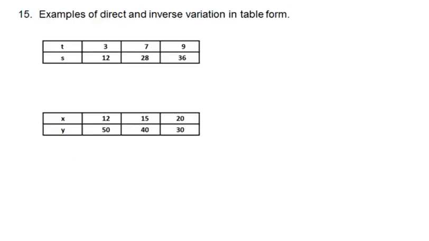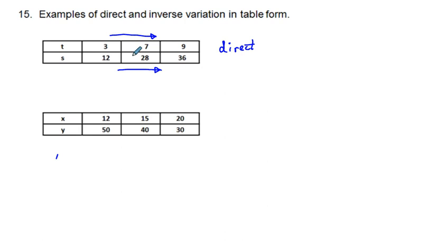Okay, next. Examples of direct and inverse variation in table form. So that's pretty simple. What you have is this first one here. You're going up. S is going up with t. So this would be a possibility of direct variation.